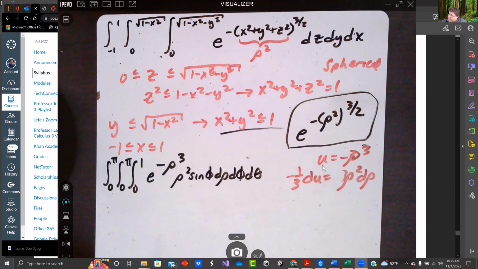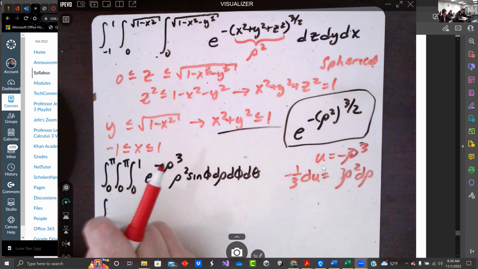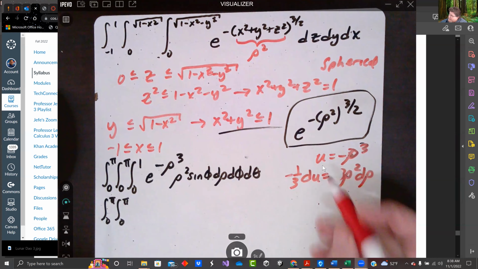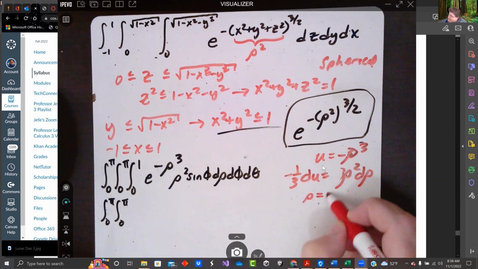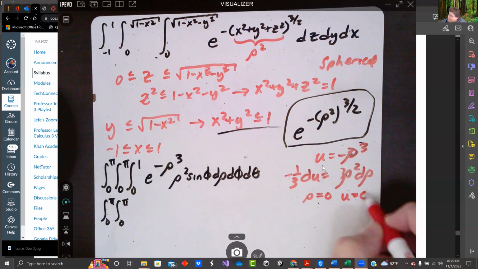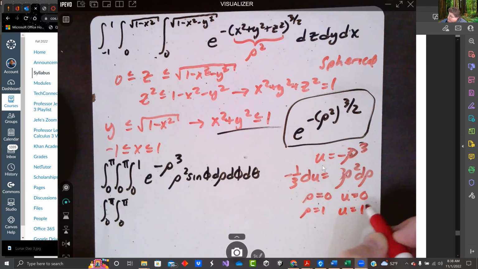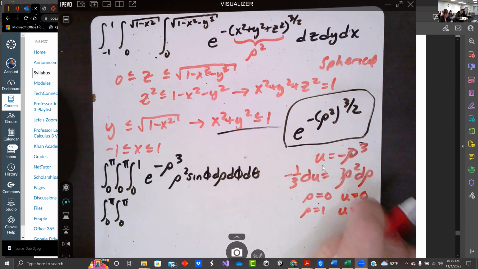So I still have 0 to pi, 0 to pi, where theta goes around. When I plug in rho equals 0, I get u equals 0. When I plug in rho equals 1, I get u equals negative 1.